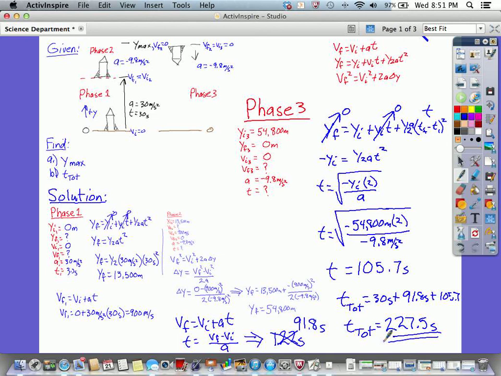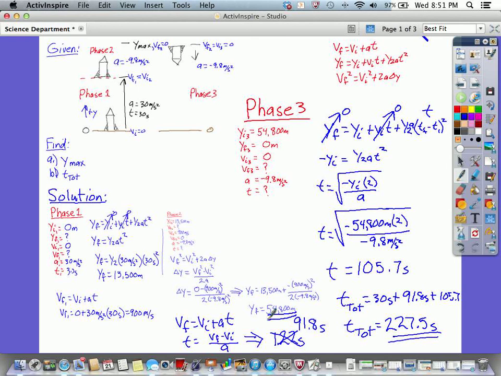Whew. So lots of work to come up with my maximum height, 54,800 meters, and my total time, 227.5 seconds.